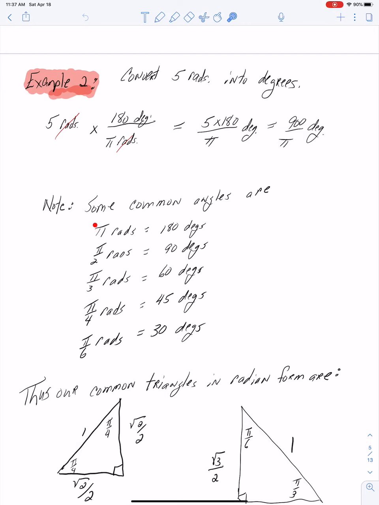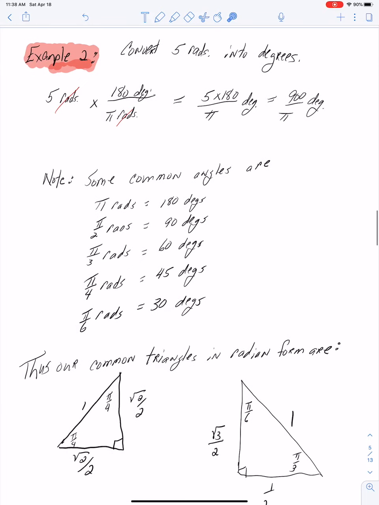If I take the top one, divide by 4, I get 180 divided by 4 is 45 degrees. And if I take the top one and divide by 6, I get 180 divided by 6, which is 30 degrees. So here are the common angles, and here are the radian equivalents.